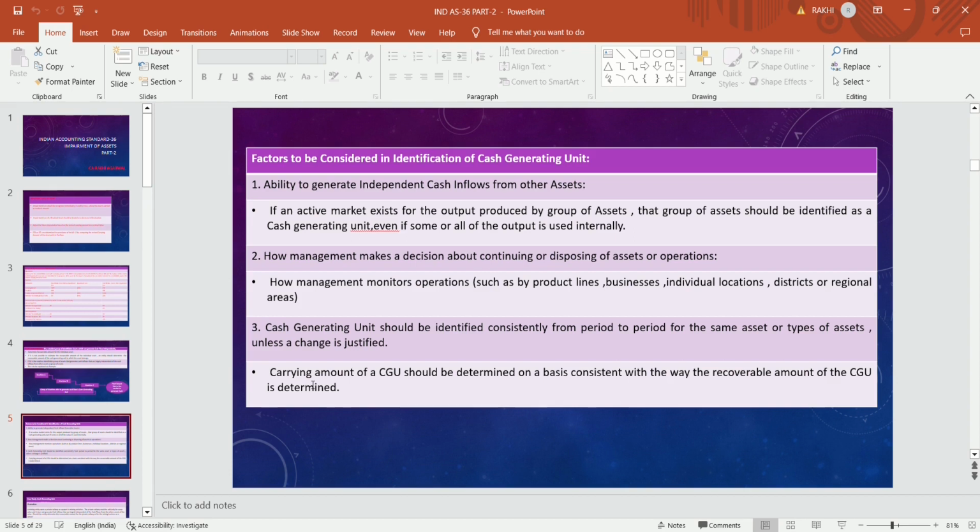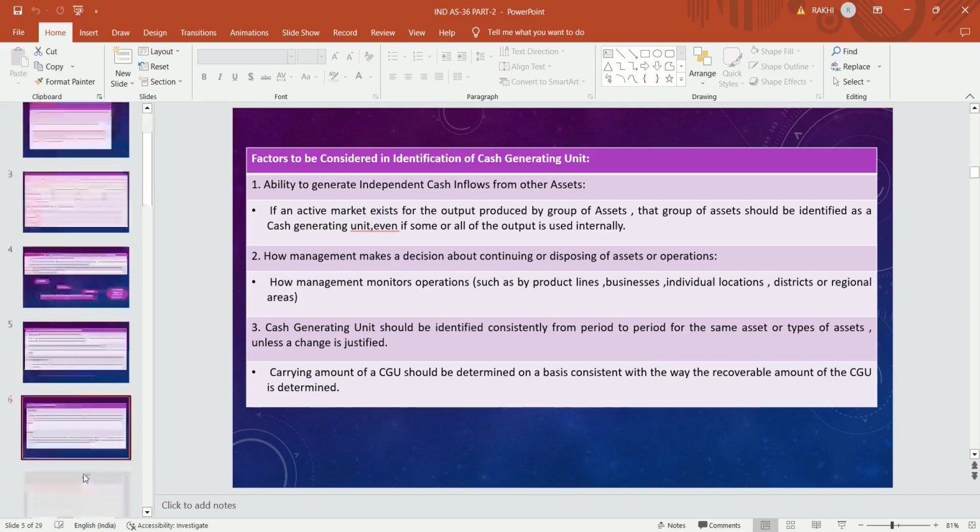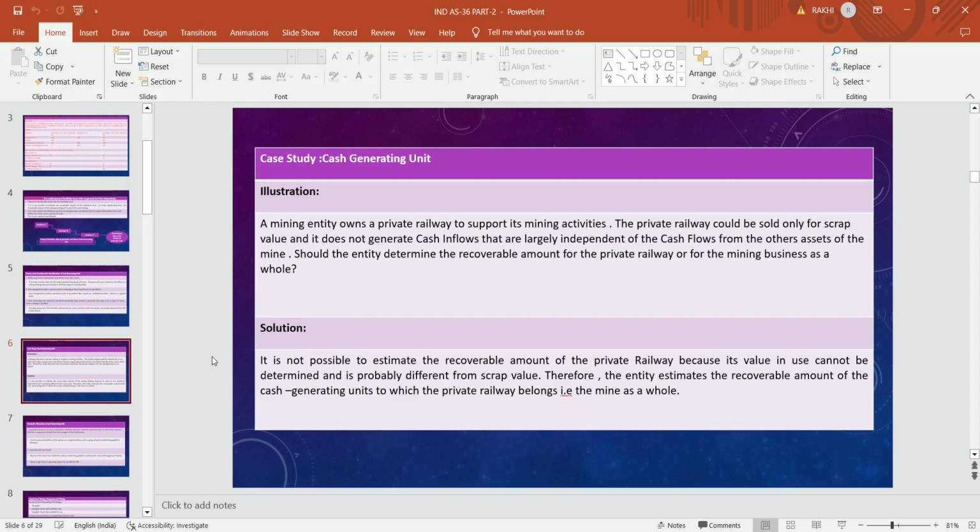So these are the factors to be considered for identifying the CGU. Then we will take one example for that. We take a mining example. A mining entity owns a private railway to support its mining activities. In order to conduct their mining activity, that railway is used only for the purpose of loading and unloading of the coal, the ores which they mine.